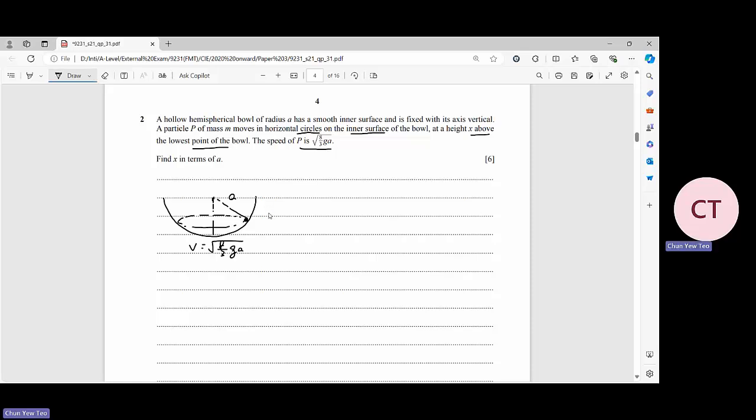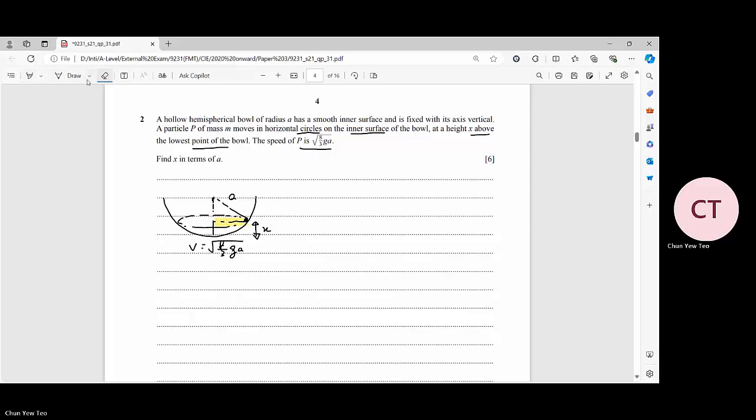There's one more thing I didn't mention. This is the x. You are at the height of x above the lowest point of the bowl. So we need to figure out the radius over here.